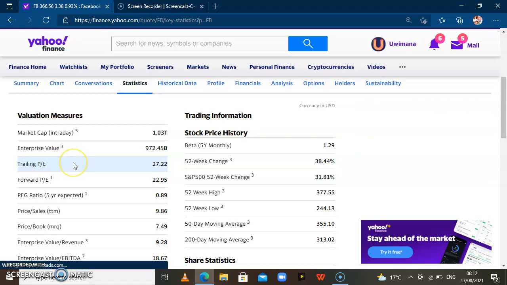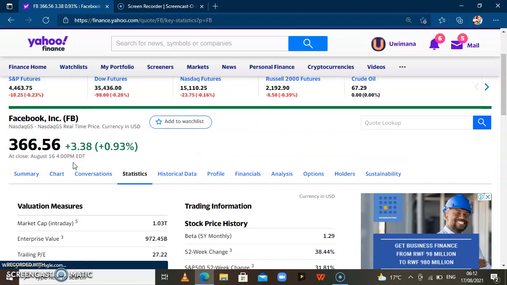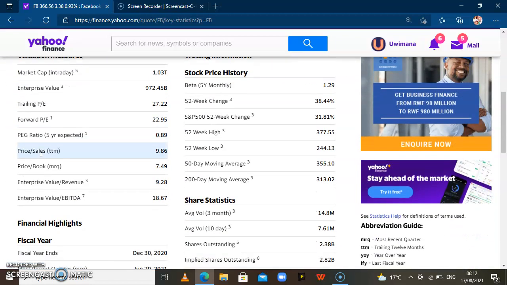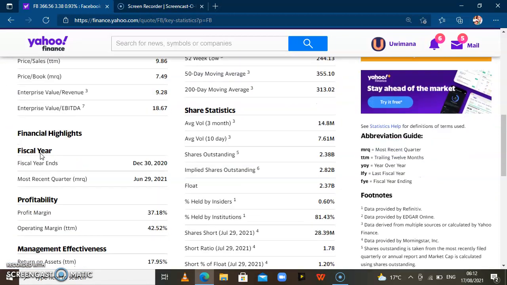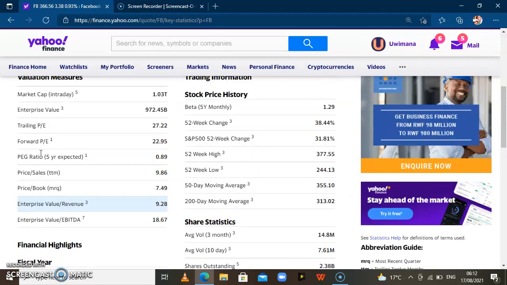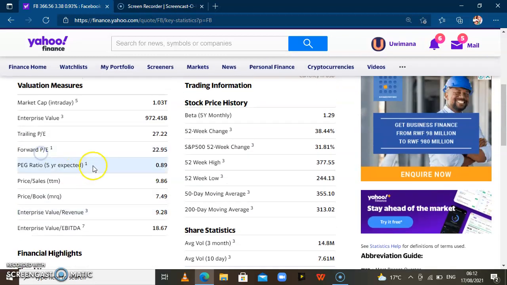That basically means you get this price, this one 366, and you divide it by the earnings per share of the company, right? How much profit has it made from, like, I can show you the simple formula somewhere.